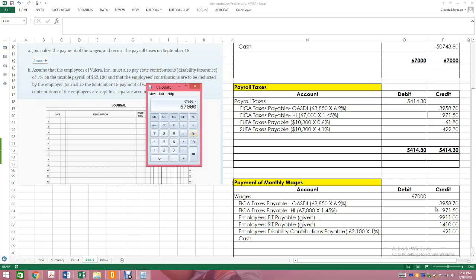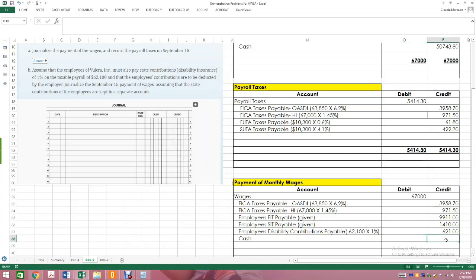I'm going to subtract $3,958.70 that was withheld for OASDI, $971.50 withheld for HI, $99.11 was withheld for federal income tax, $14.10 was withheld for state income tax, and $621 was withheld for the employee's disability. So the amount that I'm going to pay my employees is $50,127.80.